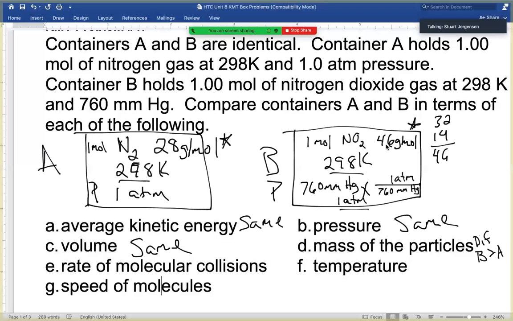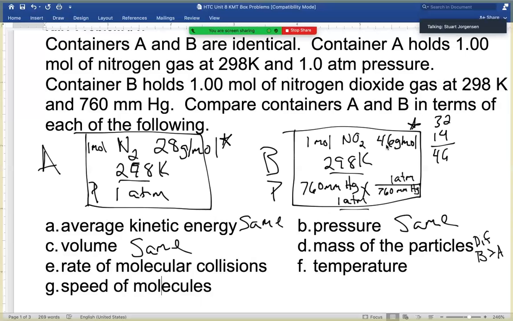Cool. So E says the rate of molecular collisions. This is going back to what we saw in 5.3. We've got 2 particles with the same kinetic energy, the same temperature, but some particles are heavier, the other particles are lighter. Remember that it is an inverse relationship between the mass and velocity of our particles at a constant temperature.